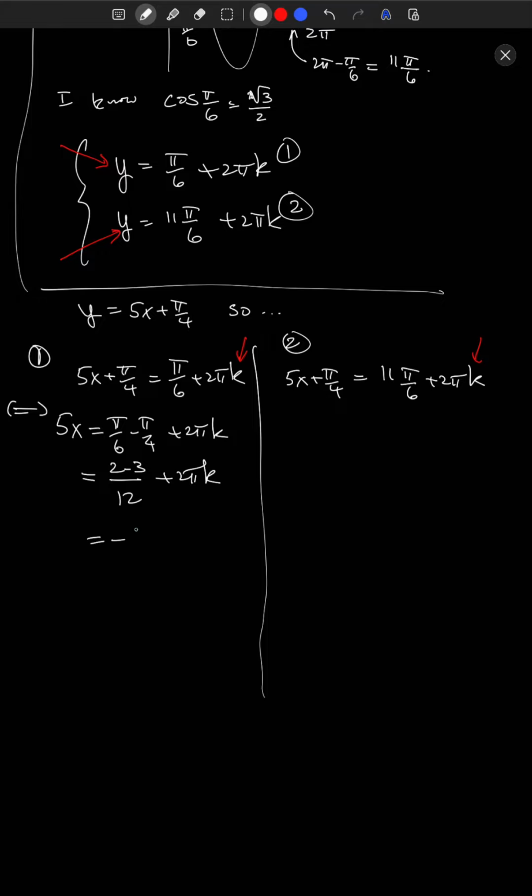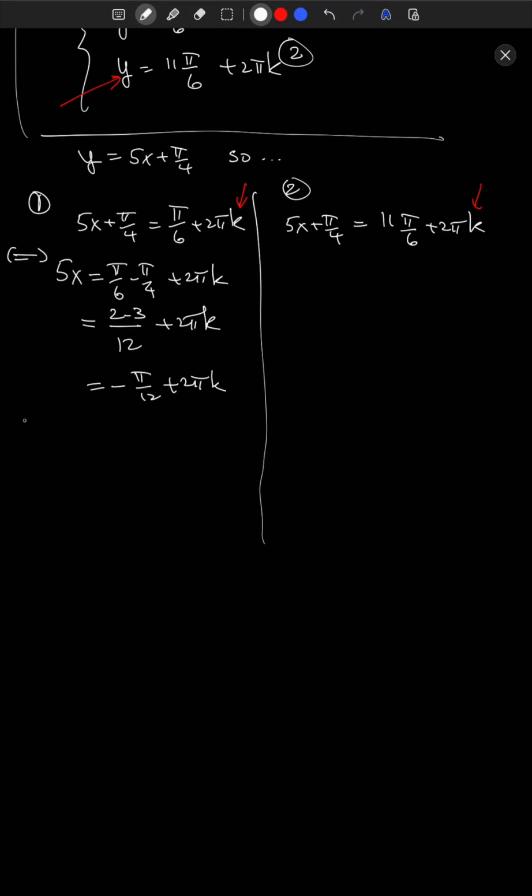That's going to be minus pi over 12 plus 2 pi k. That's 5x. I want x, so I'm going to divide by 5 on both sides. So x is equal to minus pi over 60 plus 2/5 pi k.